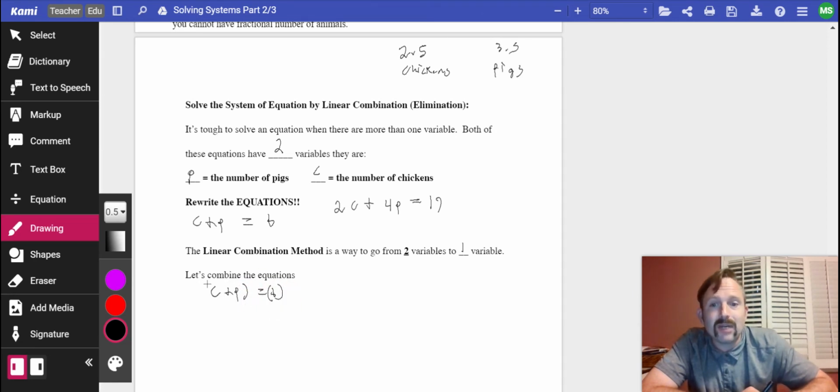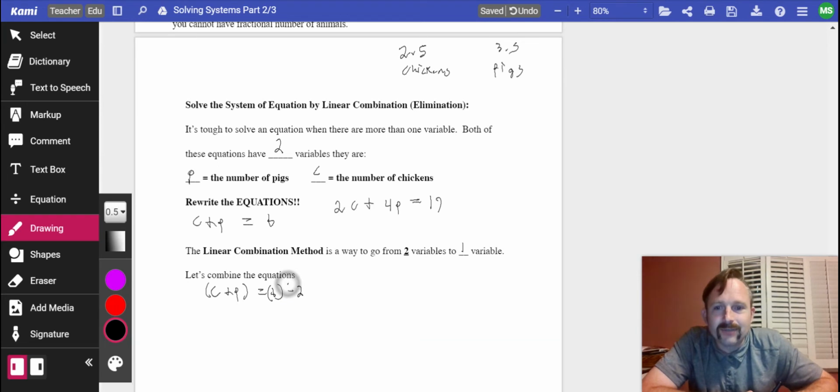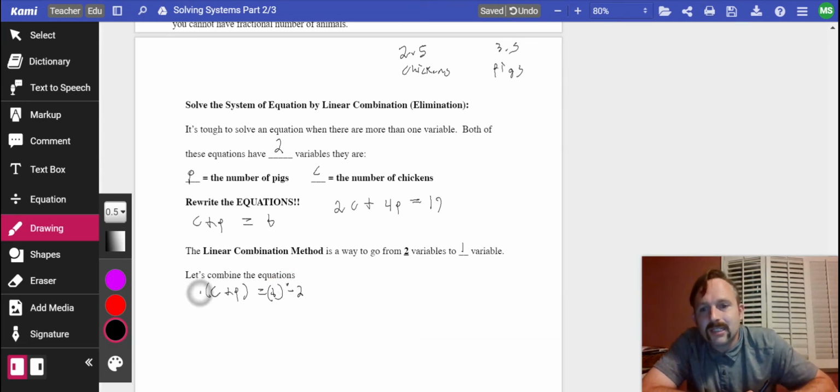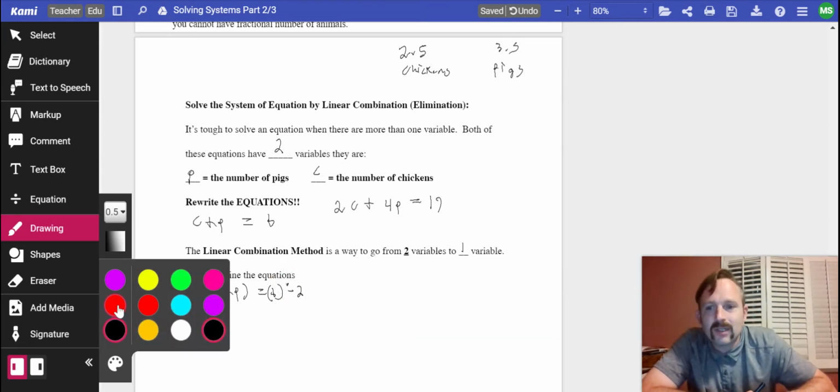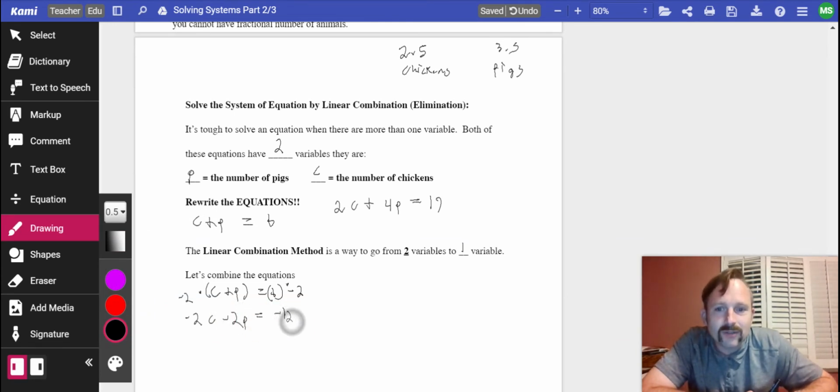I'm going to multiply by negative 2 to get rid of the c. I get negative 2c minus 2p is equal to negative 12.